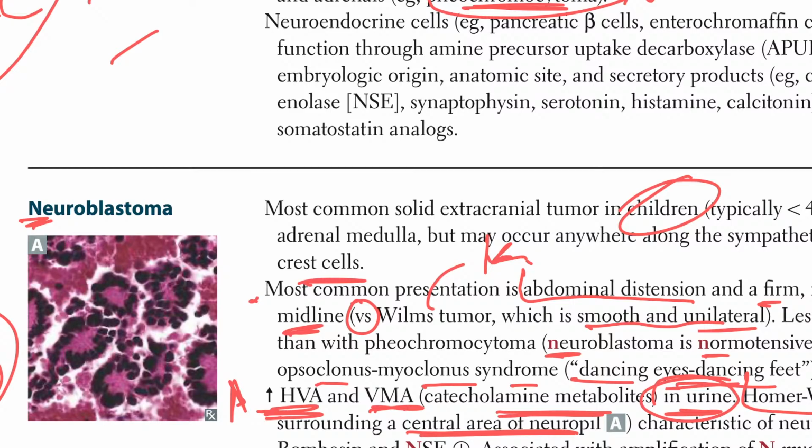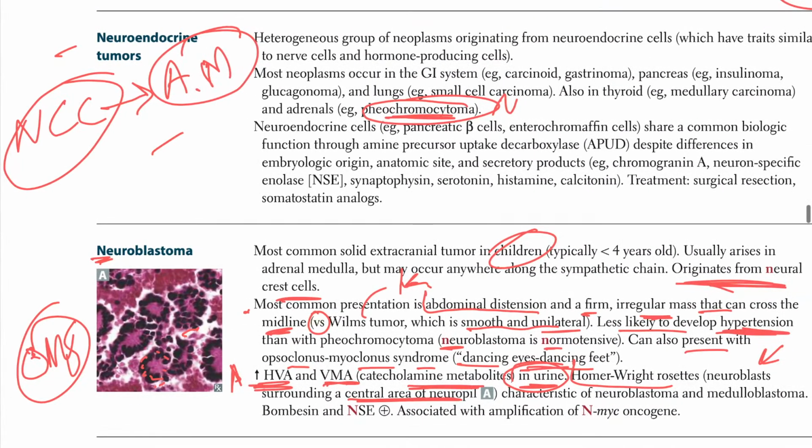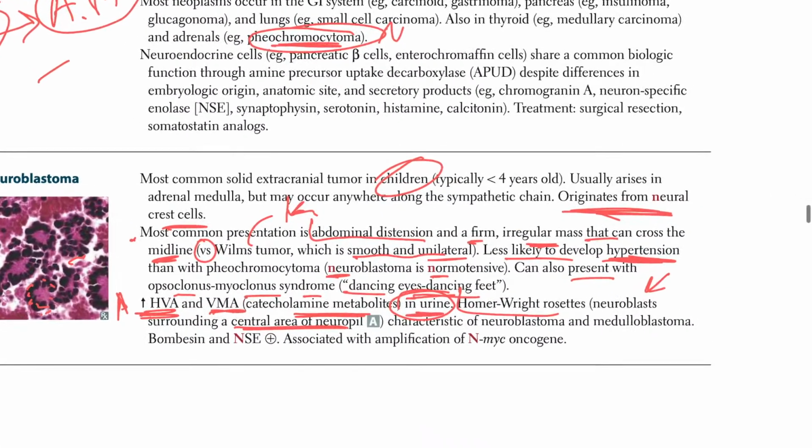These are circular groups of dark tumor cells surrounded by pale neurofibrils.